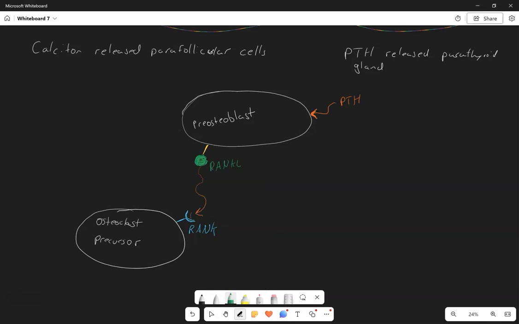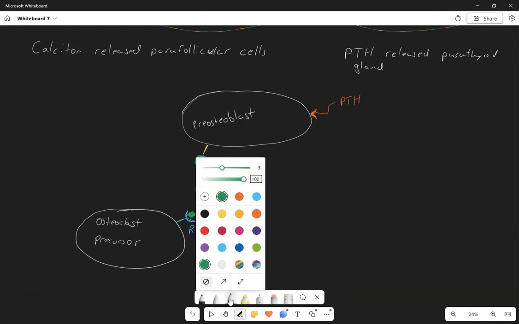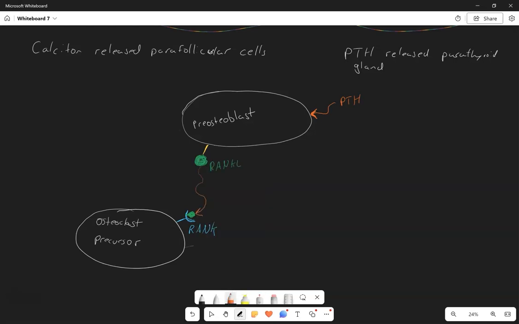When RANK L binds to that receptor, it causes this osteoclast precursor to differentiate into a mature osteoclast.